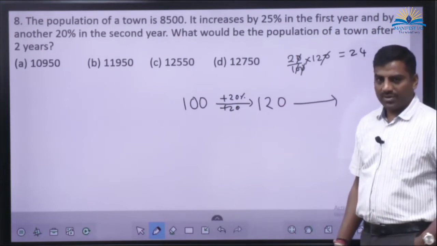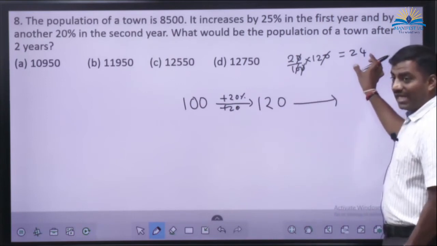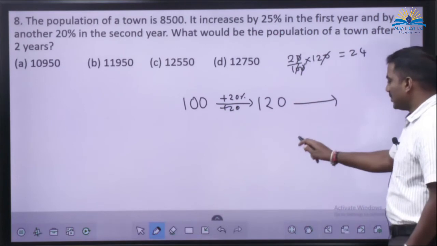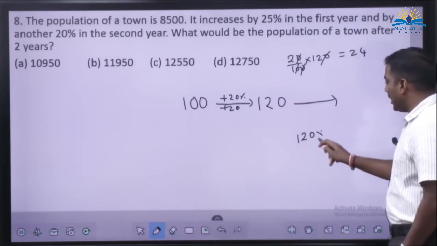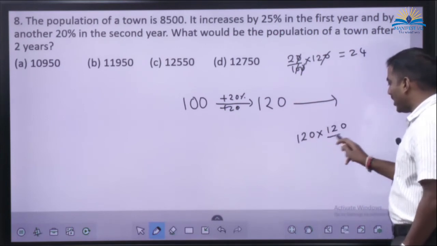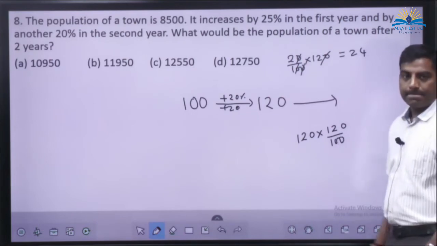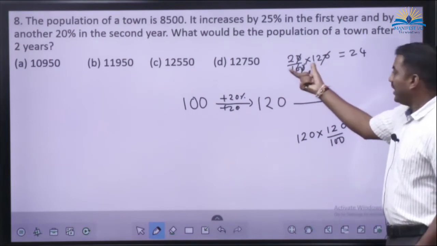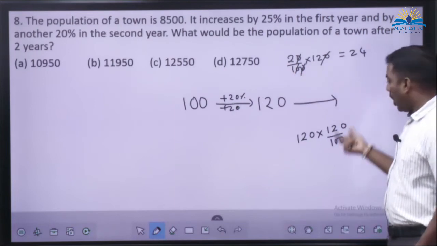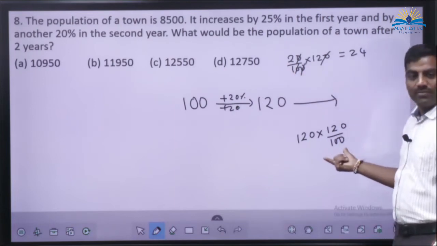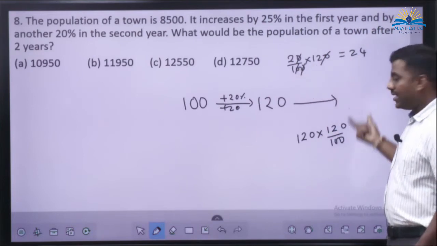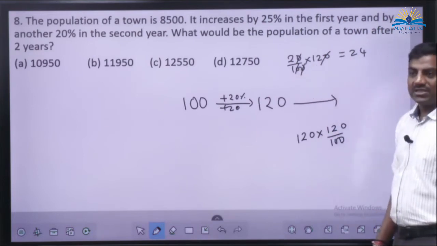Instead of taking this 24 and adding to 120, can I do like this? 120% of 120. Instead of taking 20% and adding to it, already I am adding to the percentage only. Rather than finding 20% and adding, can I directly write 120% of it?